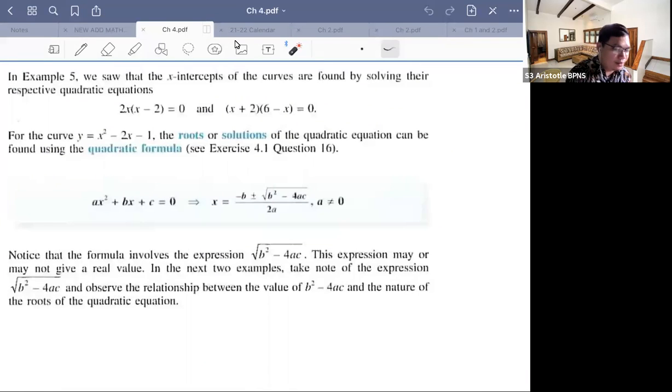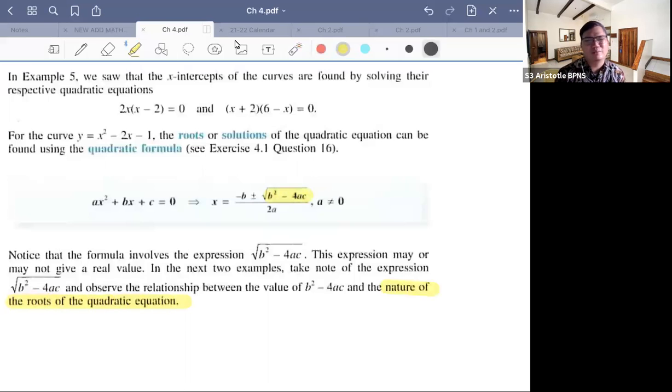This expression here inside the surd or the root sign, b squared minus 4ac, is a very important expression when it comes to finding the roots of an equation, because it determines the nature of the roots of a quadratic equation.